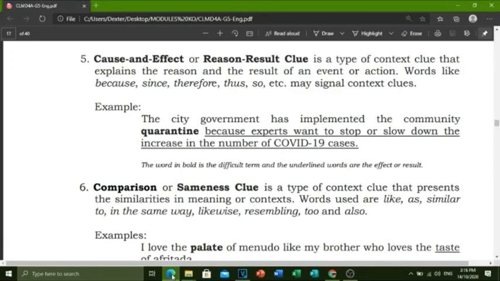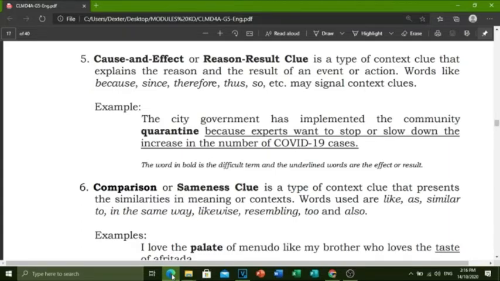Okay, let's move on to number 5. Cause and effect or reason-result clue. It's a type of context clue that explains the reason and the result of an event or action. Words like because, since, therefore, thus, so, etc. may signal context clues. Okay, let's read the example given for number 5.